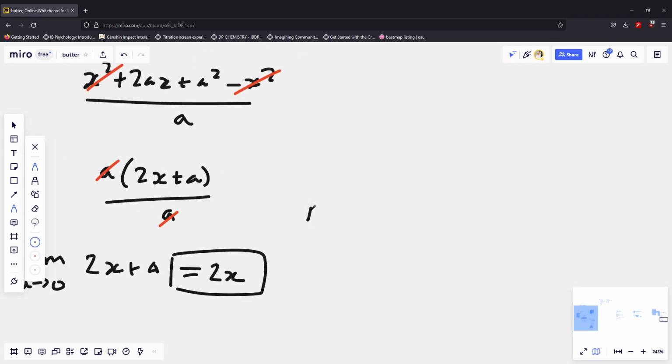So in other words, if f of x is equal to x squared, then f prime of x is equal to 2x. 2x is the derivative of x squared, and we used f prime to show that.